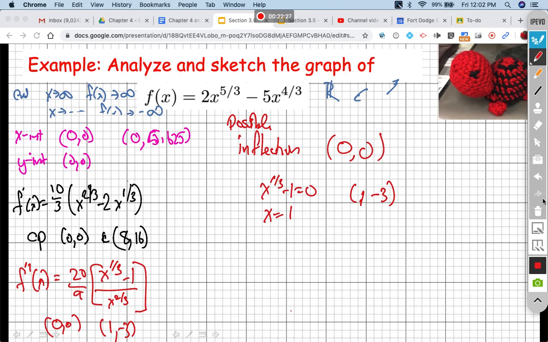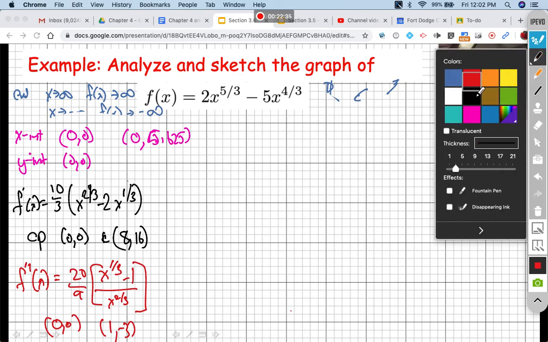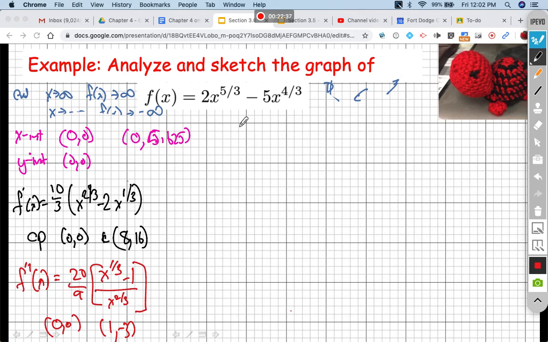When I'm setting up my test intervals, I'm going to look at negative infinity to 0, 0 to 1, and 1 to infinity. And I'm going to remember these two are my critical points.